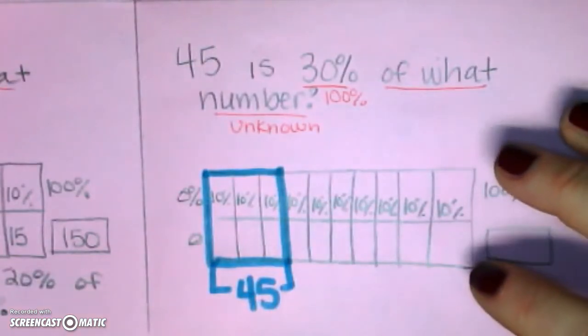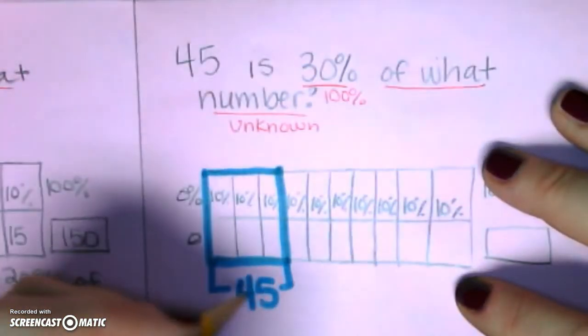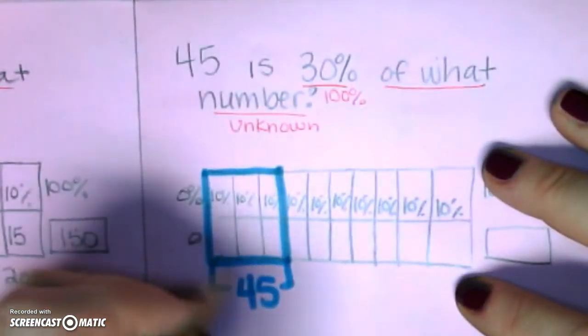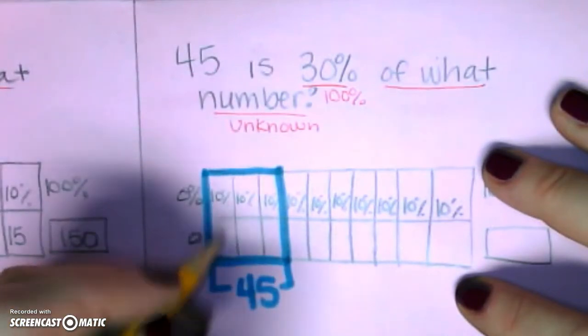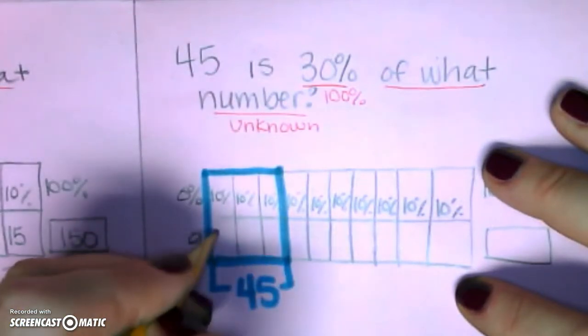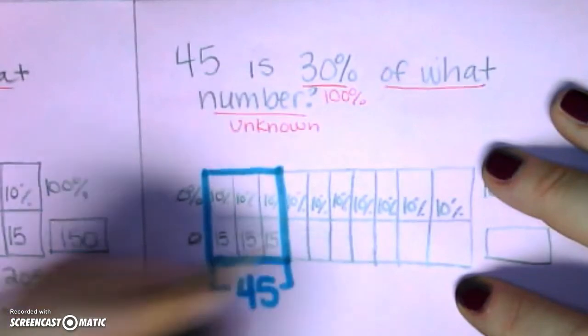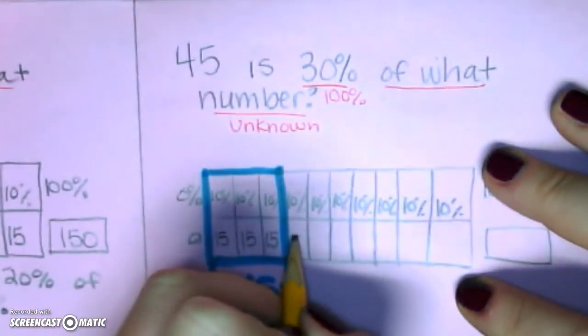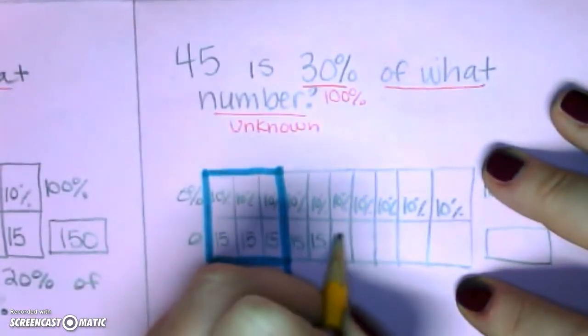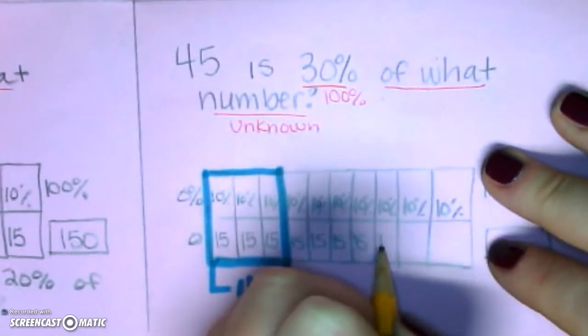Well, if this part is worth 45, each one of those pieces can be found by sharing 45 equally between those three pieces. Well, 45 divided by 3 is 15. And if those pieces are worth 15, then all of these pieces are worth 15.